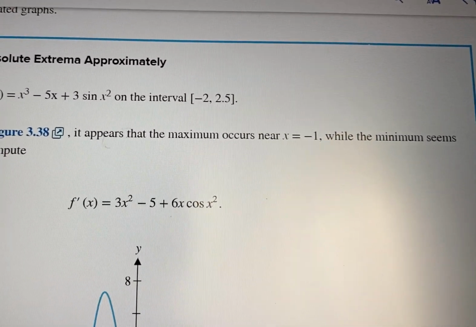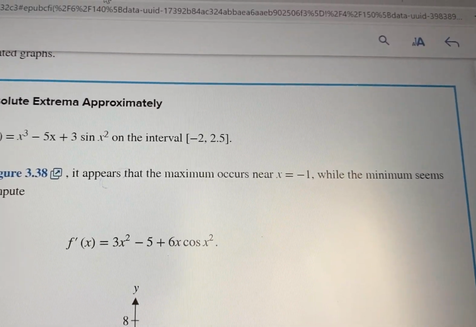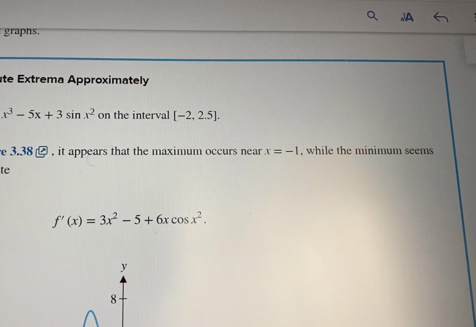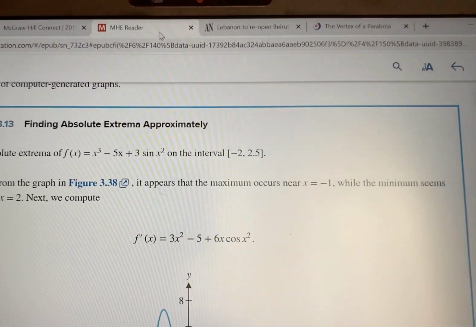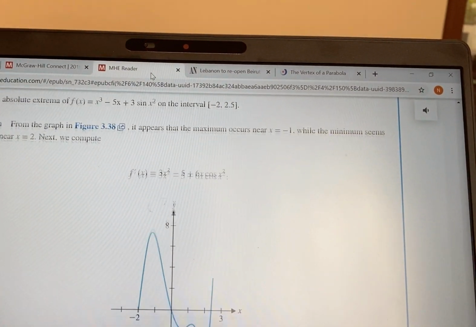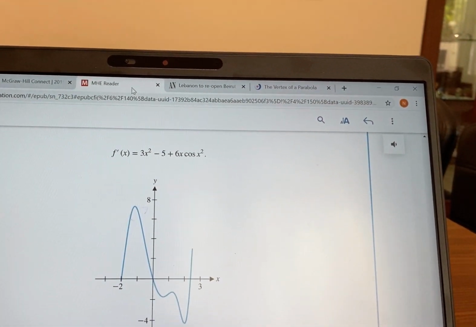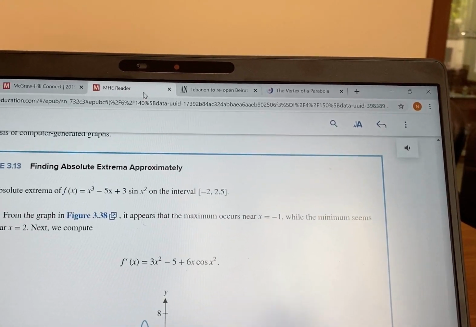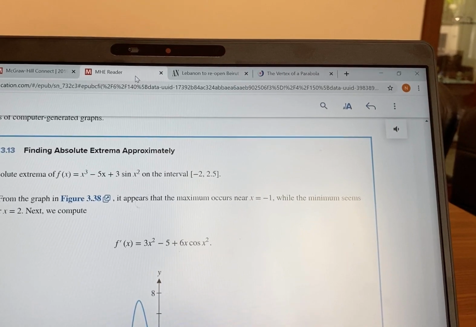Do you know how to solve this? Equal to 0? No. It needs numerical analysis, and we don't learn numerical analysis in our course. So problems that have these are not going to be included. Problems like this, because you cannot find zeros. The main idea in problems like these is finding zeros of the derivative and undefined values of the derivative.